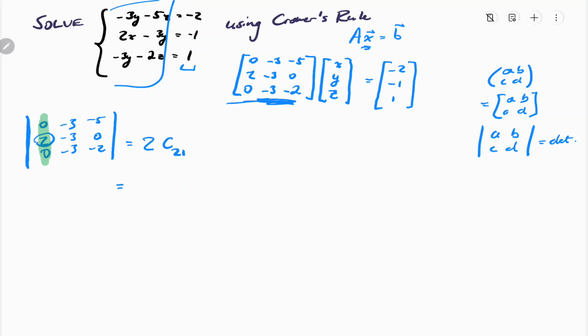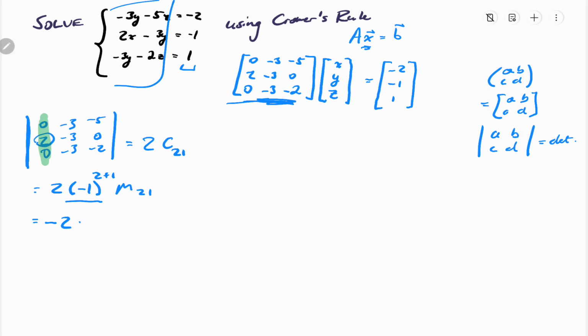This is equal to 2 times -1 raised to the sum of the indices times the minor at row 2, column 1. So this exponent evaluates to an odd exponent, which will leave us with our negative sign.